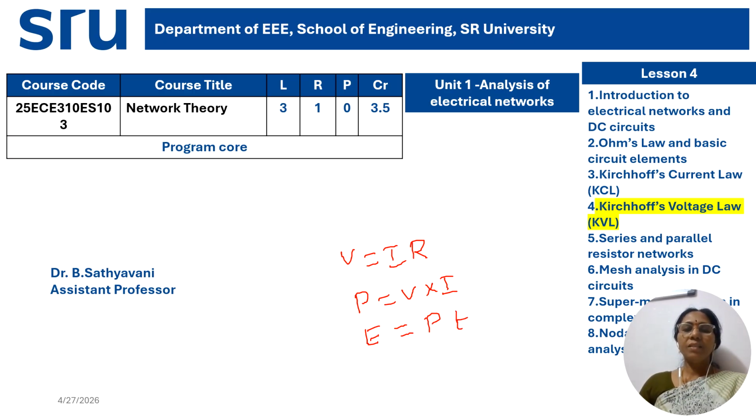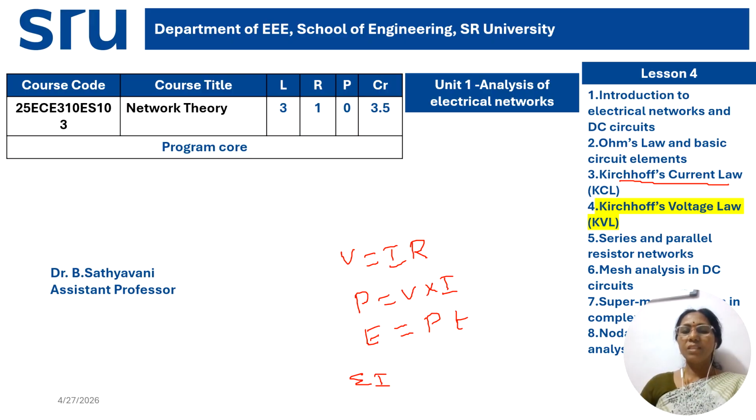Then in lecture number 3, we discussed Kirchhoff's current law, KCL. The statement is that the algebraic sum of currents at a node equals 0. We defined a node in any network as the point at which two or more branches are connected together, known as a node or junction.